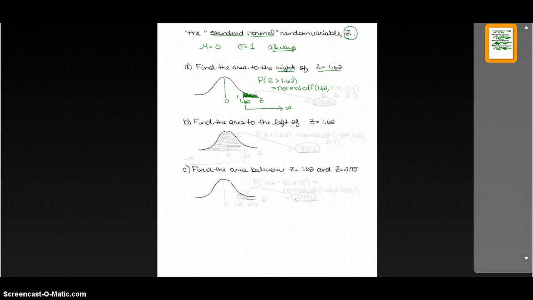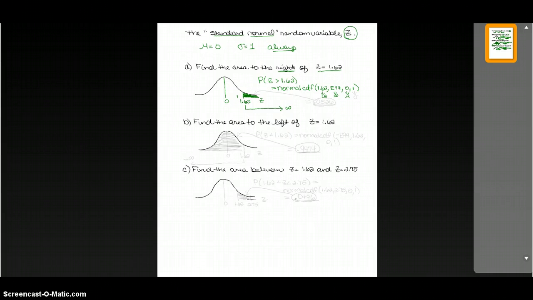I don't have an infinity button on the calculator, so what your book suggests, and I like it, is to just put E99, which means 10 to the 99th power. It's just a humongous number. So that's the point. You just want a really, really large number. So again, this is my lower bound. This is my technical upper bound, which is infinity.